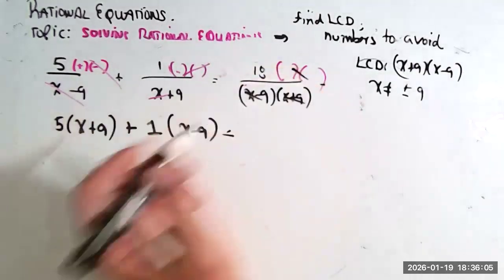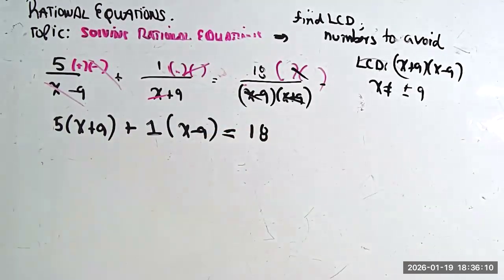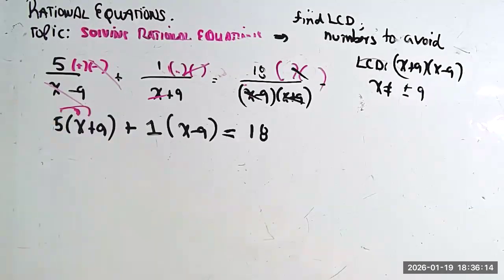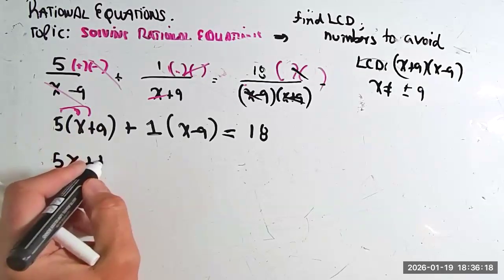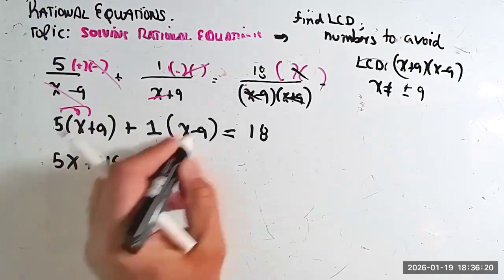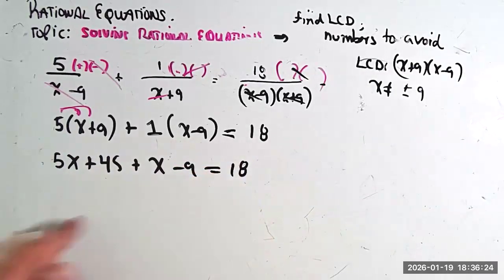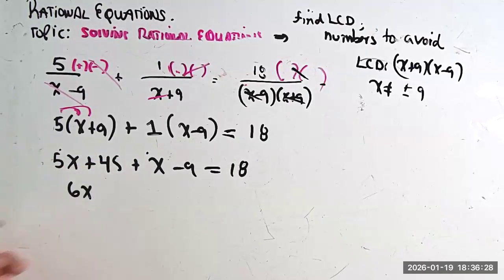So here, of course, both of them simplify to 18. Now back to basics. Now we can just distribute accordingly. So we have 5x plus 5 times 9, that's 45, plus 1 times x minus 9 equals 18. Let's combine like terms. 5 plus 1x, 6x.